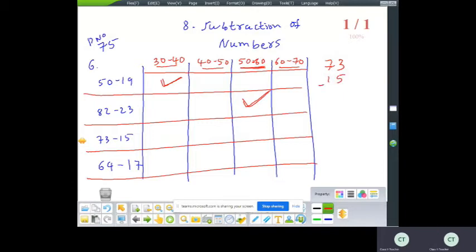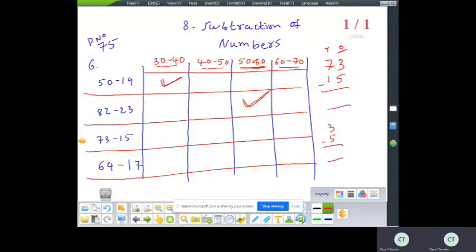Yes, here 73 is a bigger number than 15, then subtraction is possible. First of all, write the place values, ones and tens. Now subtraction in ones. The digits in ones place are 3 and 5. 3 minus 5. We cannot take 5 from 3. 3 is a smaller number, 5 is a bigger number. We cannot take a bigger number from a small number. In this time we need borrow.